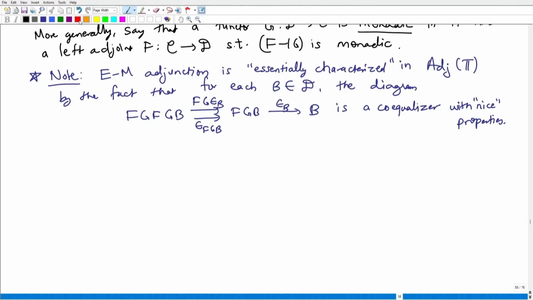Similarly, splitting of idempotents. I think we also did splitting of idempotents. Let me do it as a side thing. Suppose E from A to A is an idempotent, then what is a splitting?